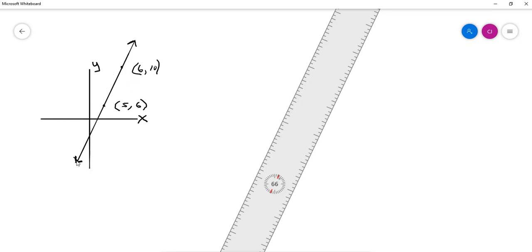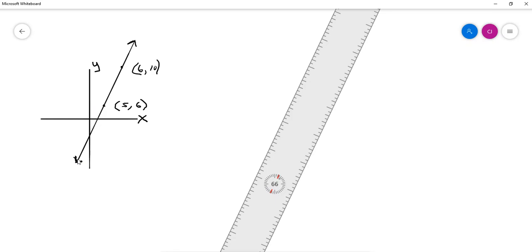In math, we say an infinite number of points, right? Just lots and lots of ordered pairs of numbers or points that are on this line. So this was defined as a linear relationship, right?